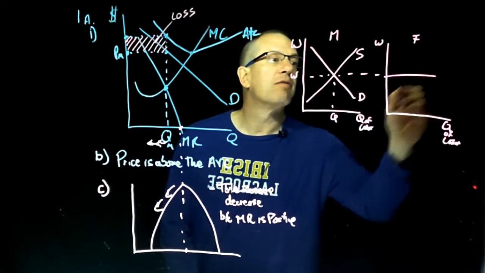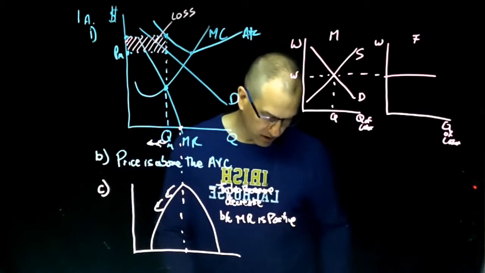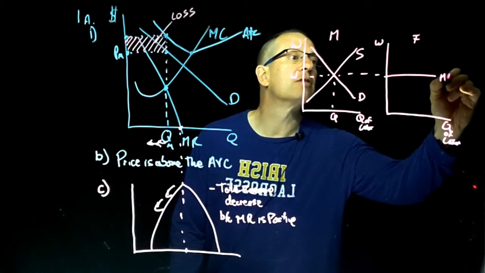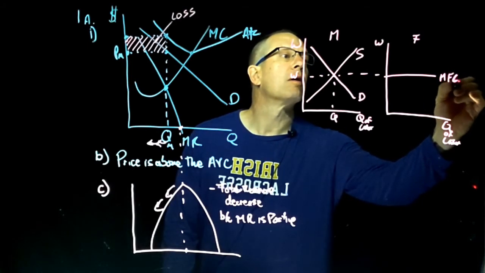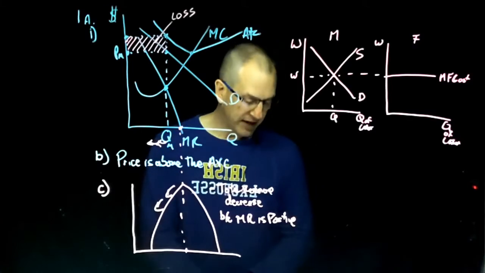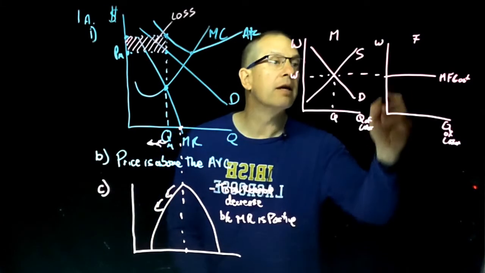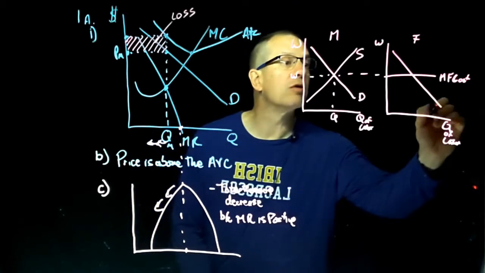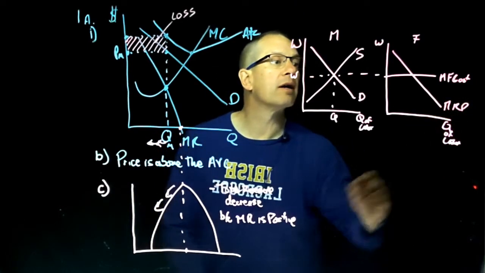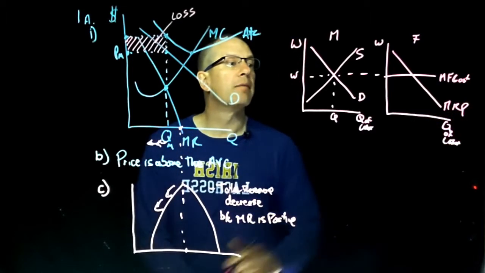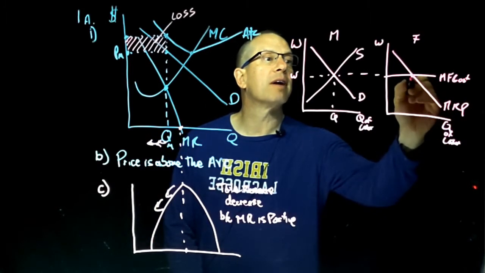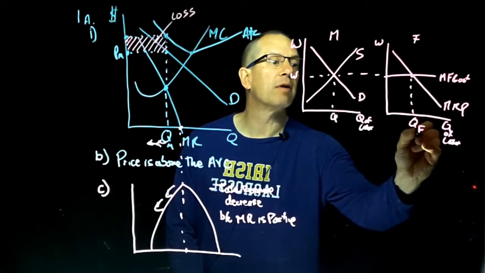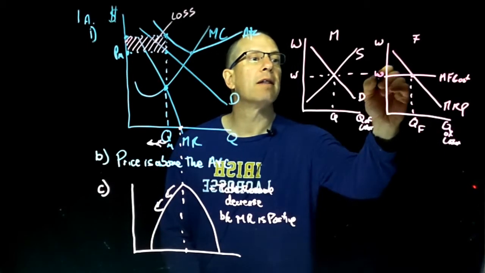The firm hires at the point where the wage is set by the market, the marginal factor cost, and we also have the downward sloping marginal revenue product. This is the quantity where marginal factor cost equals the marginal revenue product. This is the quantity of labor that the firm will hire at this wage.